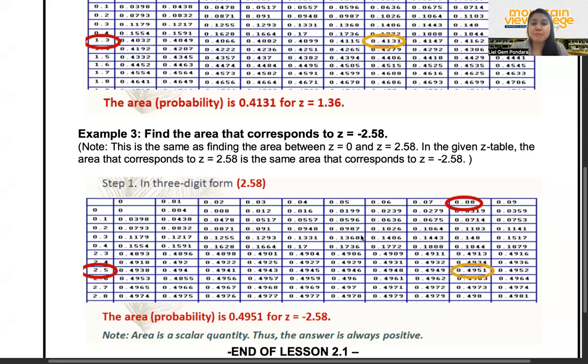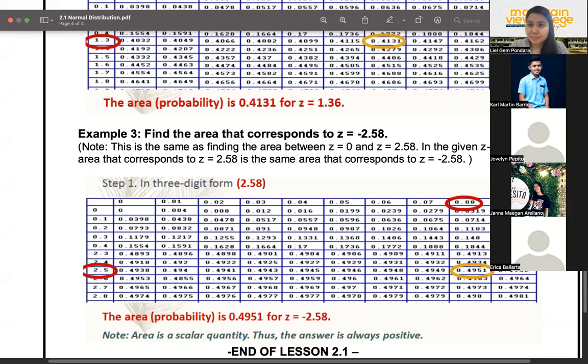Area should always be positive, even if the given Z is negative. So you have negative 2.58. You just take the positive value, 2.5 on the left, and 0.08 on top. Then their intersection here, we have 0.4951. Any questions?